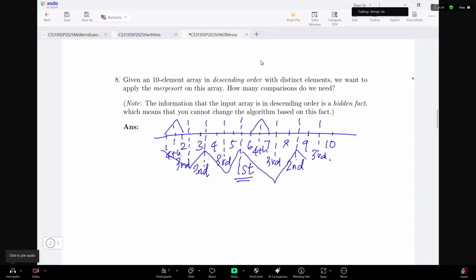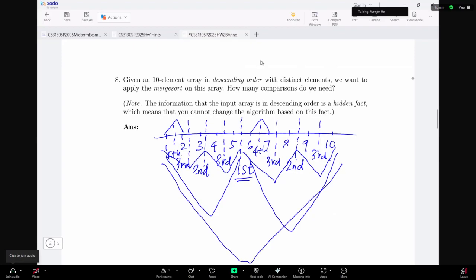Then reverse the round 2 split: merge these 5 elements and these 5 elements. Then the last merge reverses the first round split.